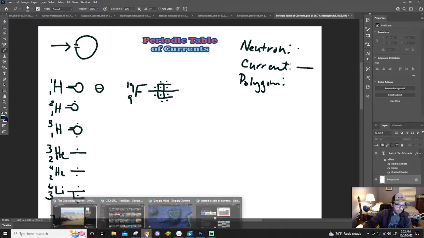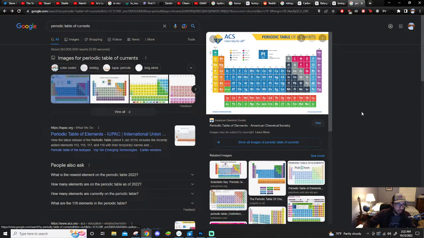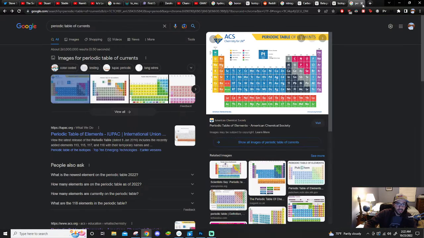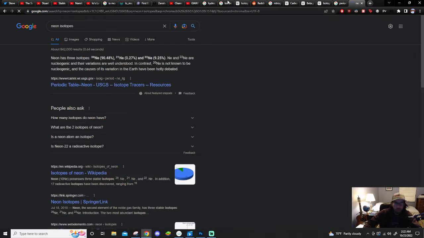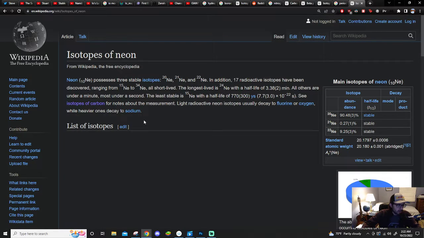Now, next, let's see if we can keep going. I put in periodic table of currents to see if anything came up. Neon. Okay. Neon isotopes. 3 stable isotopes.